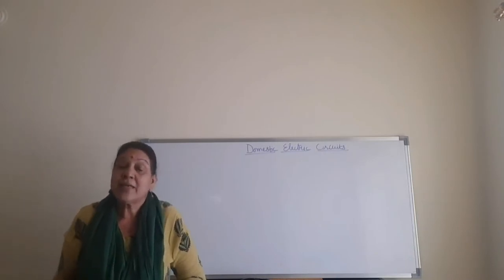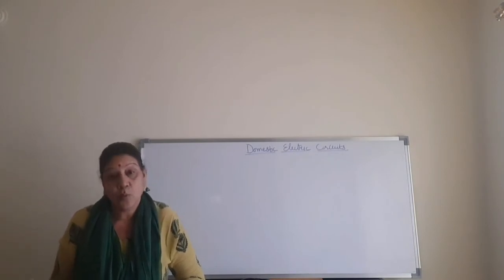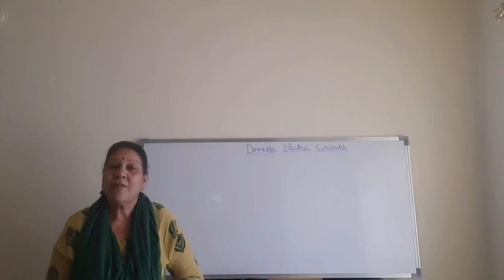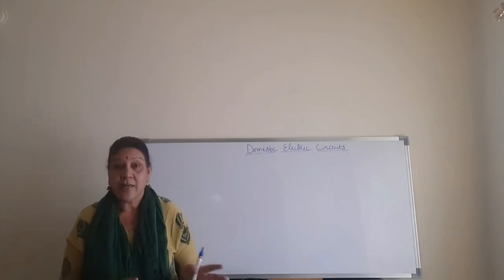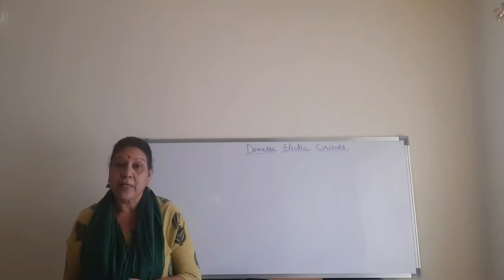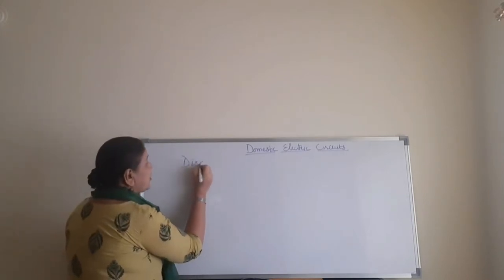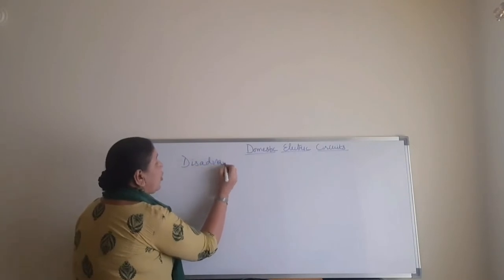Everything is connected in parallel, because if one of the equipment stops working, all the other equipments will not be affected by that. So it is clear now where we use the series connection and where the parallel connection. Now, what are the disadvantages of series connection? We are going to talk about that.